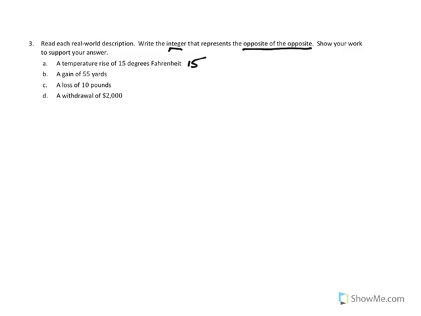Now, if we wanted to write the opposite of that, the equation would look like the opposite of the opposite of, and our original number is 15. Our answer is going to be 15. Very good.